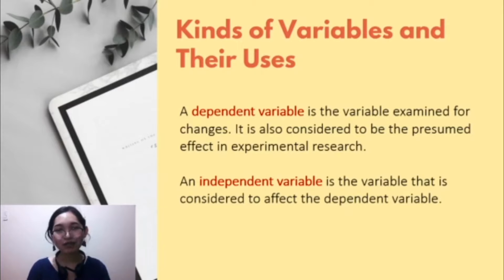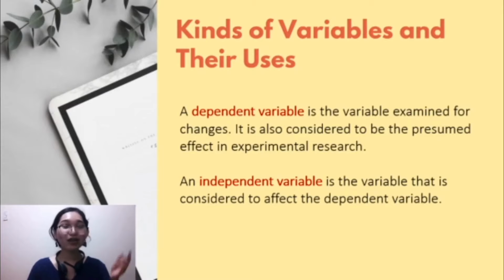Dependent variable is the variable examined for changes. So, merong pagbabagong nangyayari dito sa dependent variable. It is also considered the presumed effect in an experimental research. Kasi, di ba nga, meron siyang changes. So, ito yung nagiging effect ng ginawa mong research.